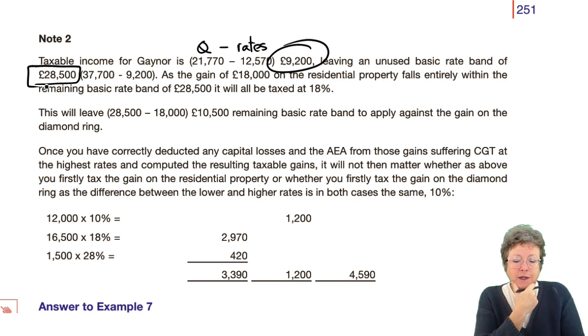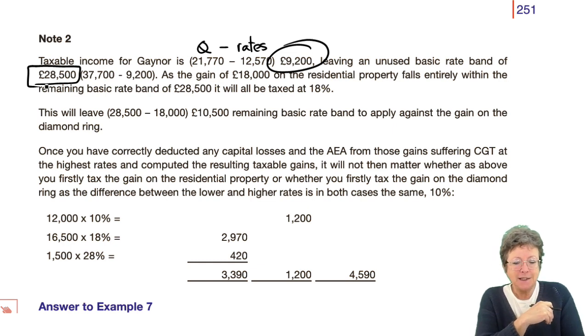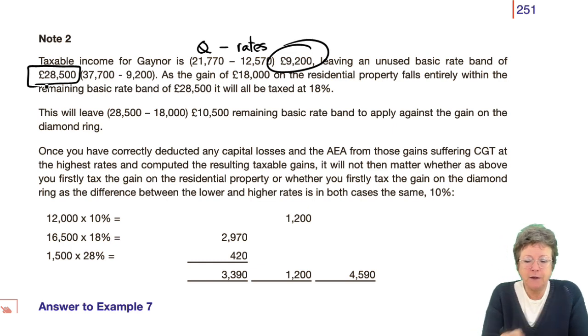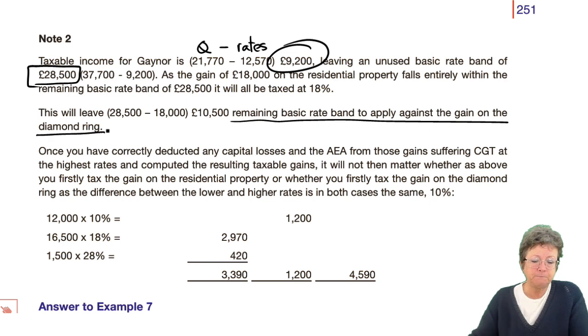So the gain of 18 on the residential property falls entirely within that basic rate band and will be taxed at 18%. You have to tax the highest one first because the revenue wants as much money as possible. This leaves 10,500 remaining basic rate band to apply against the gain on the diamond ring.